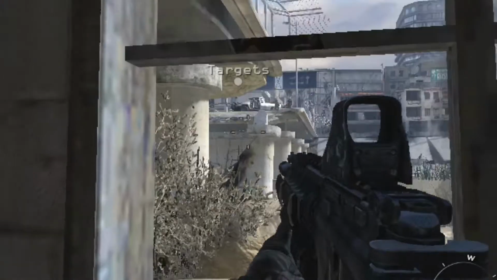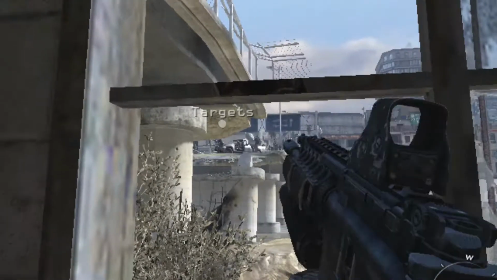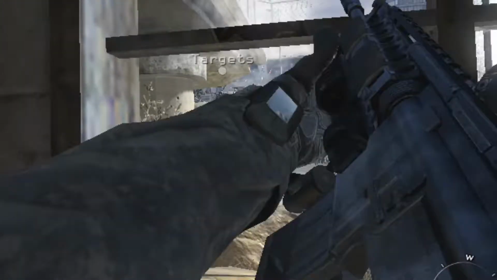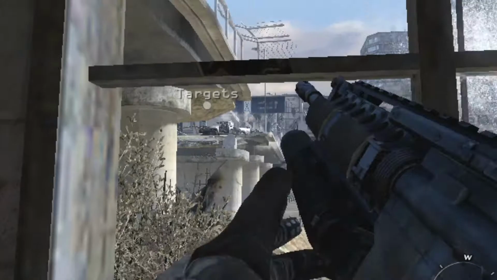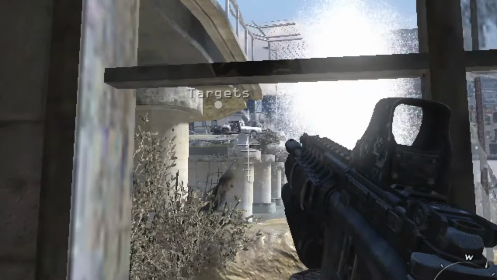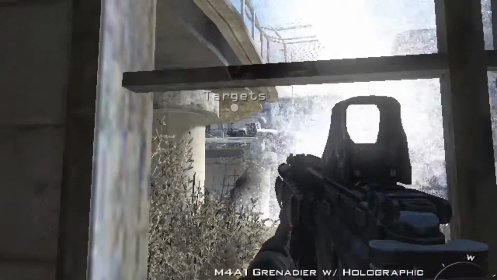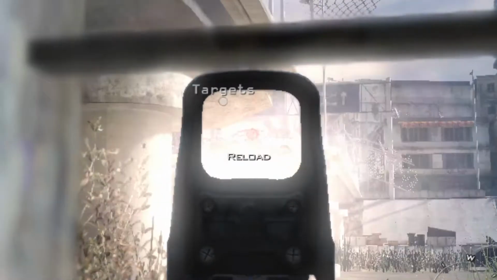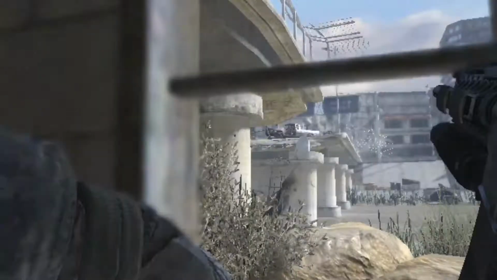Multiple targets. Take them out! Up on the bridge! Far side! They're retreating. Keep hitting them.